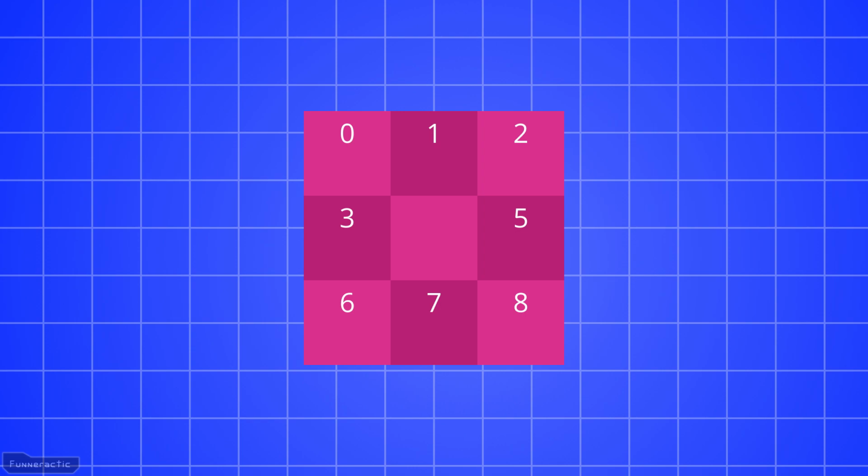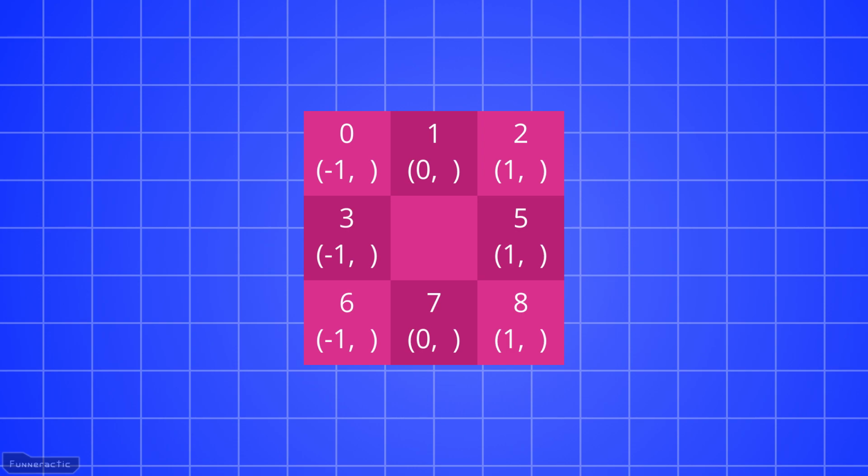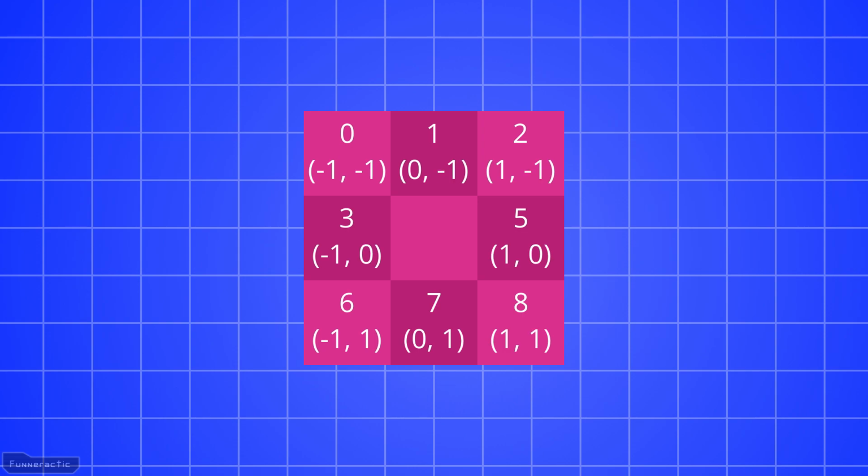Note that the center tile is skipped, but the index still increases because there is no center shadow image. Given that the indices are sorted in this order, they can be easily converted to an x and y offset. For the x offset, mod each index by 3, then subtract 1. For the y offset, divide each index by 3, then subtract 1.